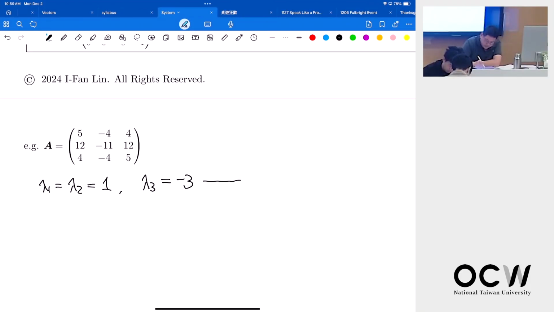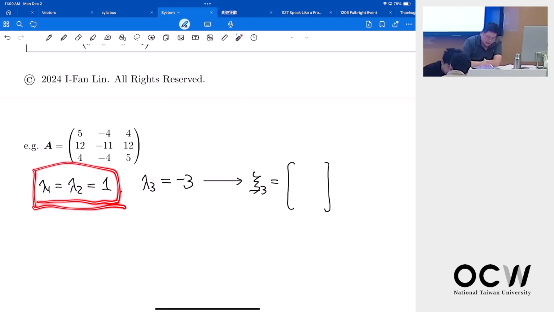So you can also try to find this first. When eigenvalue is -3, what is their associated eigenvector? You can also see that now I have a repeated eigenvalue. So for the repeated eigenvalues, how do we find the eigenvectors?